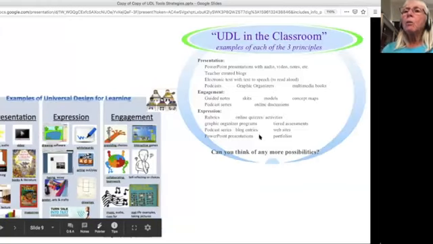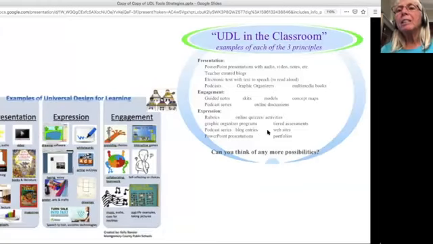All right, so how would UDL look in the classroom? Now, this is a physical classroom, so a lot of these we're going to have to work on adapting for remote. Some of them are a little dated, but that doesn't mean they're not still very usable. Most of our programs are already working on all these pieces in the right-hand graphic, but I kind of liked the left-hand one because it was all visual, and it gave me a way to show the student what this would look like.